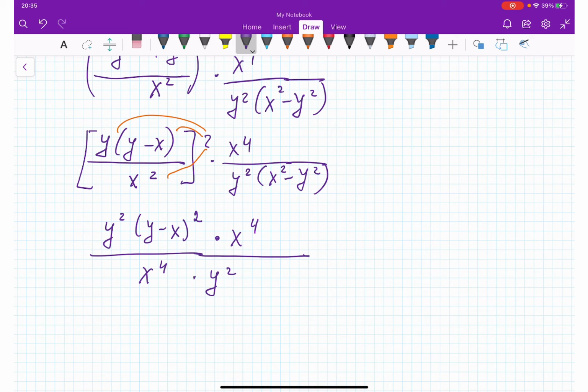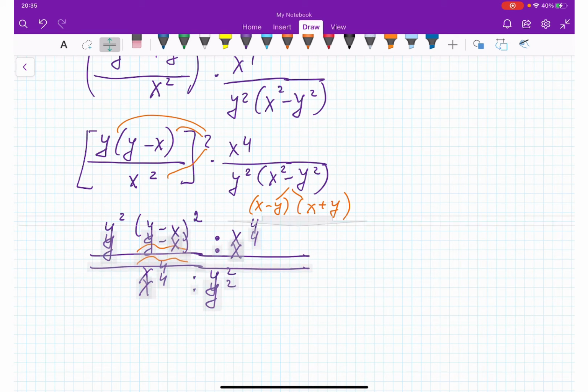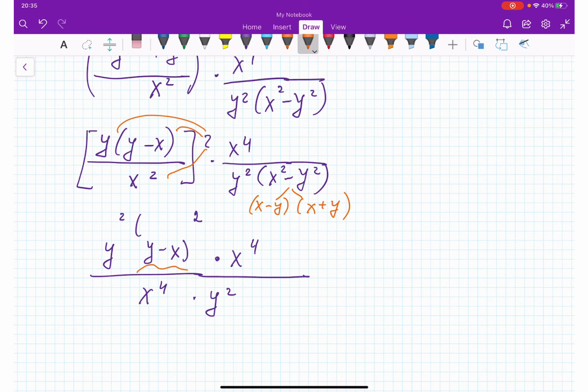Interestingly enough, we have y minus x in the numerator, and the denominator has x squared minus y squared. So what does that mean? That means when I open this formula, x squared minus y squared, it means x minus y times x plus y, right? Well, the thing is, we have here, hold on.